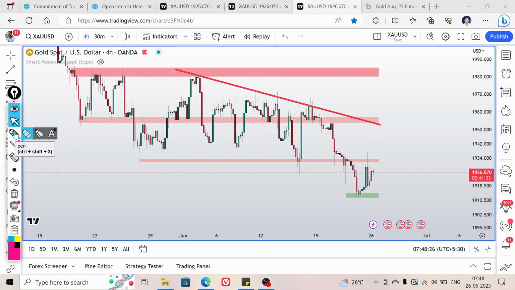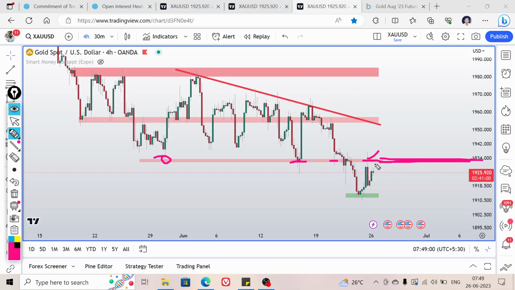As you can see, the level around 1930-35 is acting as a good resistance now, because previously we have seen rejection from this price zone, and over here, because the candle is not closing below this price range in previous trading sessions. This time also, in the Friday trading session, we have seen rejection from this price level.